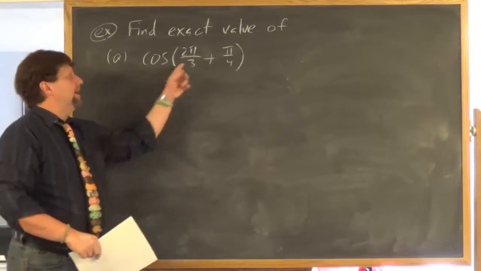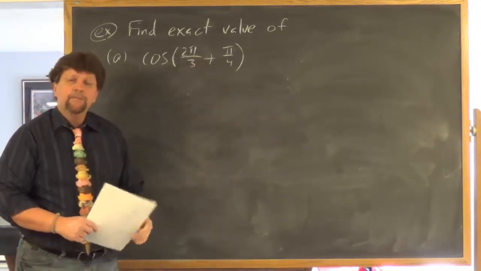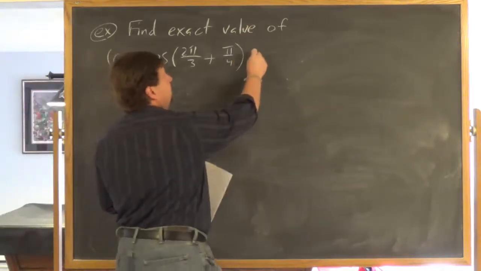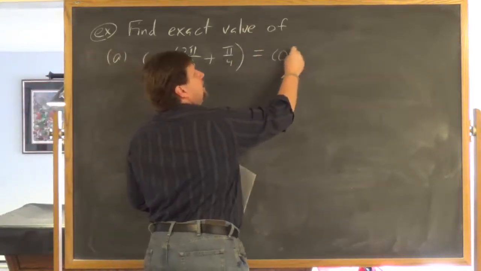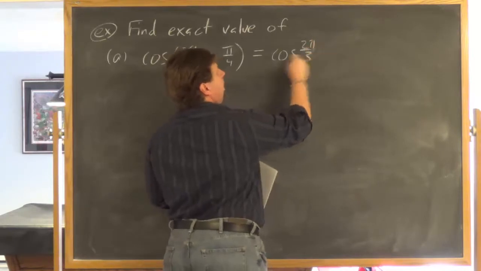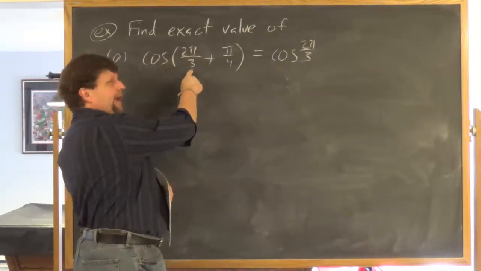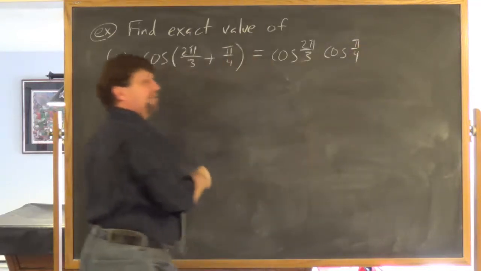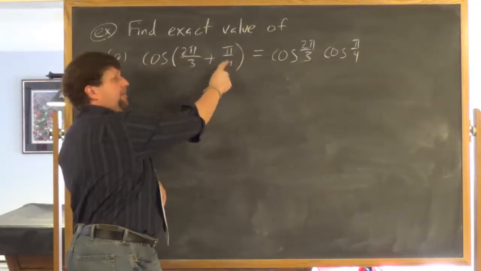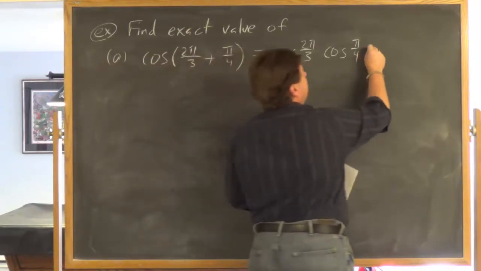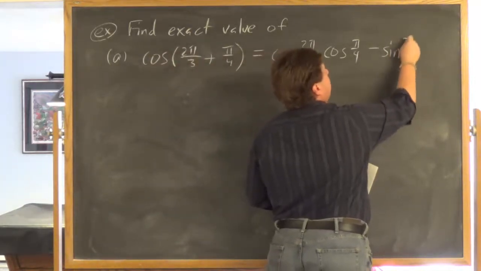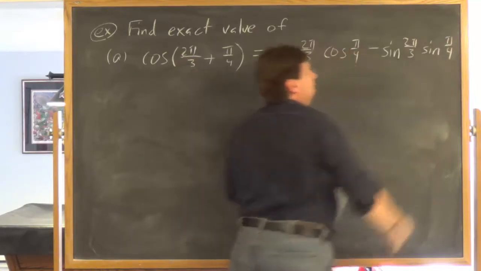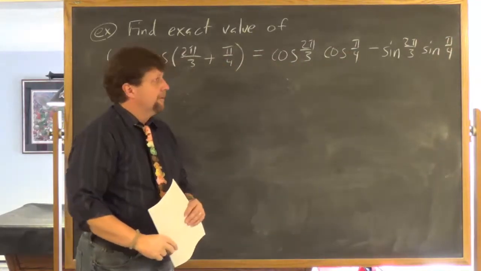This is the cosine of A plus B. So according to the identity, I can rewrite this as the cosine of 2 pi over 3, cosine of A, times the cosine of pi over 4, that's like the B, minus sine 2 pi over 3 times the sine of pi over 4.